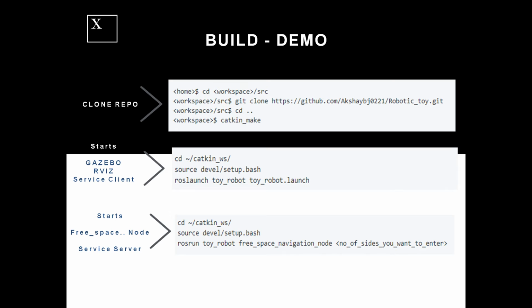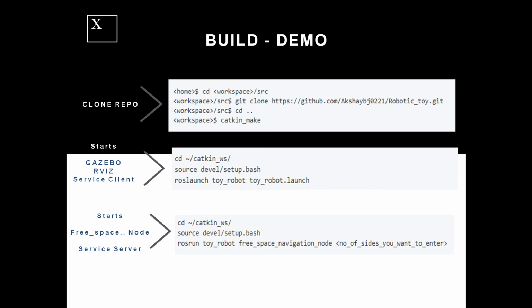I will show you this in real time, but for some reason my video is not recording when I'm trying to do that. I'll add that video in the end so you can see it. Once you're done, Gazebo, RViz, and the service client are launched. You can see all of them on your screen. Now you have to open a new terminal and source it, because you just did a catkin make, and you run this command: rosrun toyrobot free space navigation node with the number of sides.